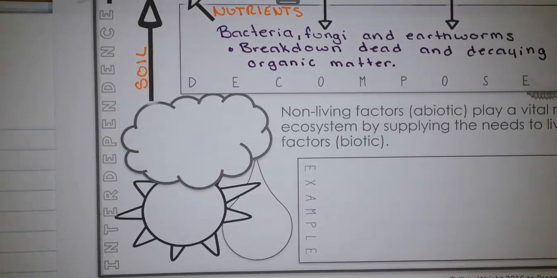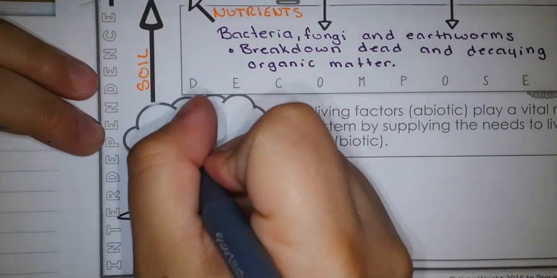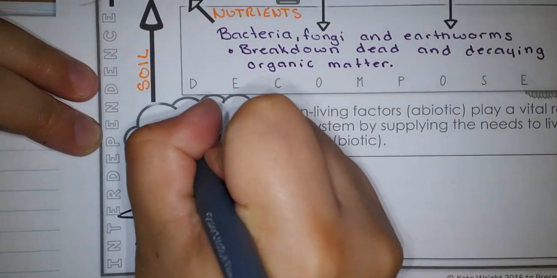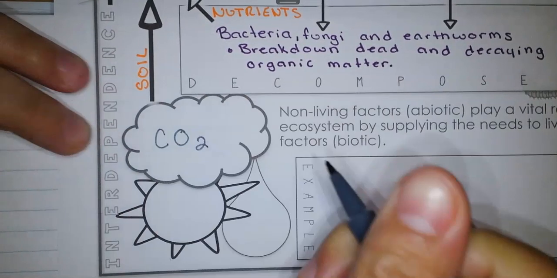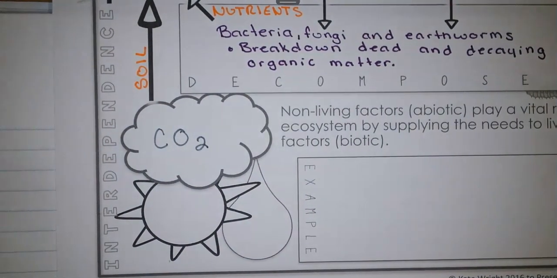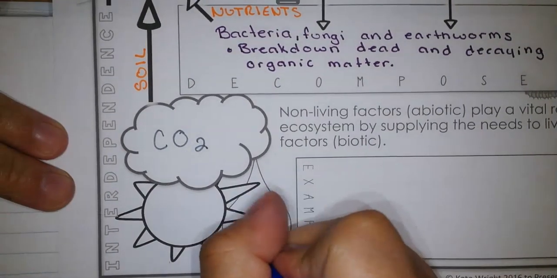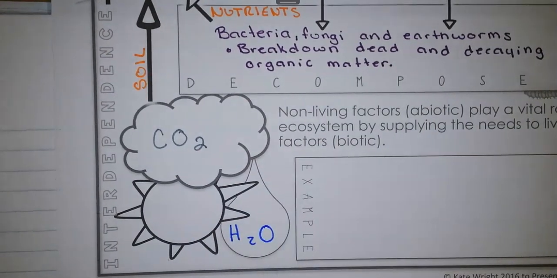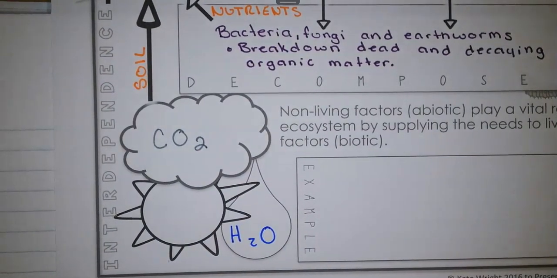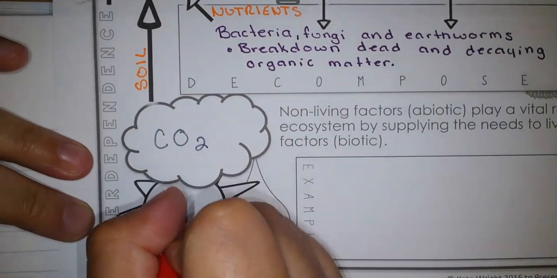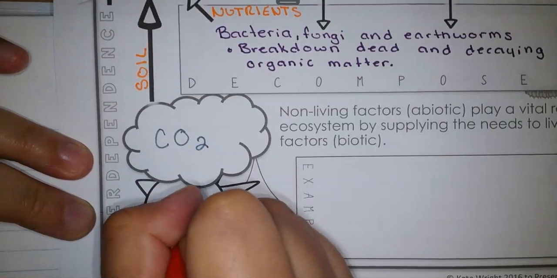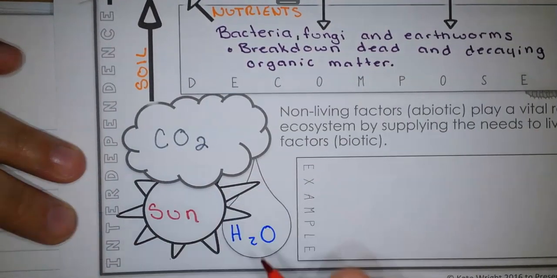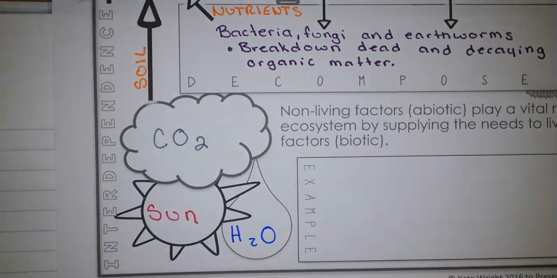They would be needing CO2, they would be needing water, H2O, and of course, our radiant energy, so our sun.